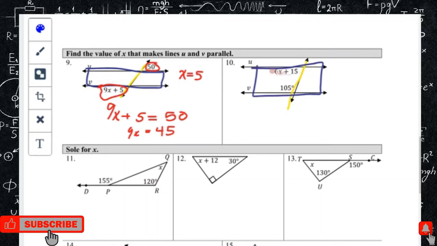Number 10, identifying the angles again. Red and red, look, same side, interior. Okay, you describe the location and it will also give you the name. These are supplementary, SSS, same side, supplementary. So we want to set it up this way, 6x plus 15 plus 105 equals 180.